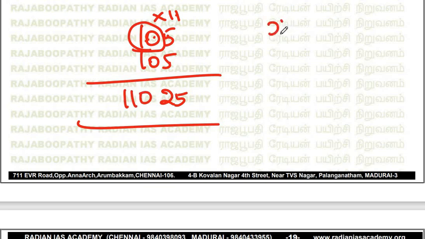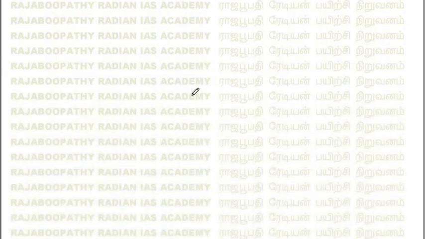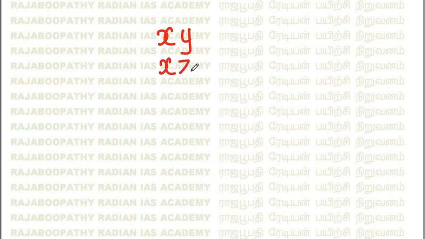Any number of this form can be multiplied by this method. I said this is a general format. It must end with 5. These two should be the same. Any number of this form can also be multiplied. For example, x into y, x into z, such that y plus z is equal to 10.